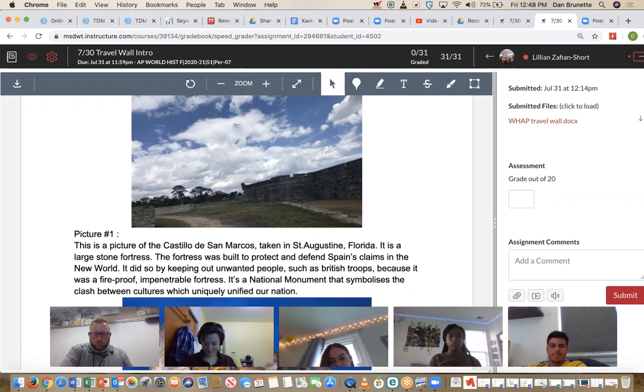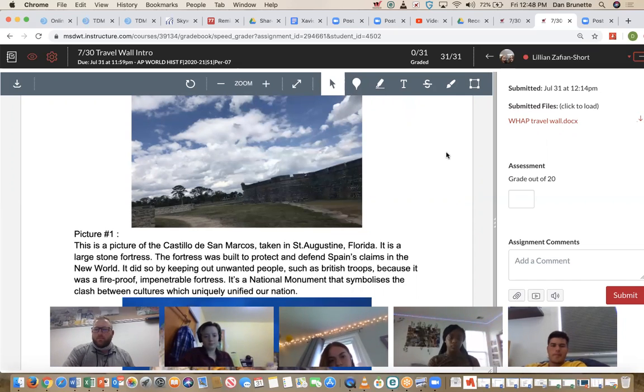It did so by keeping unwanted people out, such as British troops and others, because it was an impenetrable fortress that was fireproof. It's a national monument that symbolizes the clash between cultures which uniquely unified our nation.